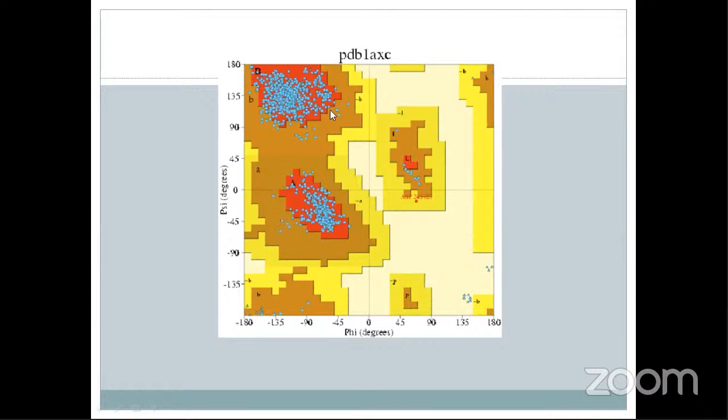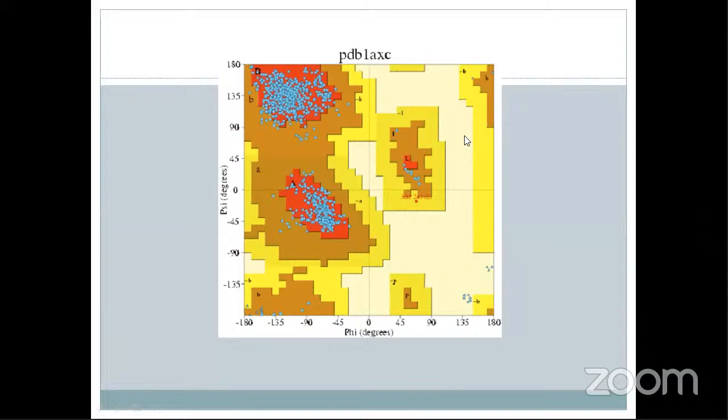Then the particular protein is very good. This is like the additionally allowed region. In this area the residues should be minimum, and even in this white region the residues should be minimum. Then only, for model assessment, based on this picture you can understand whether a particular protein is a good one or a bad one.